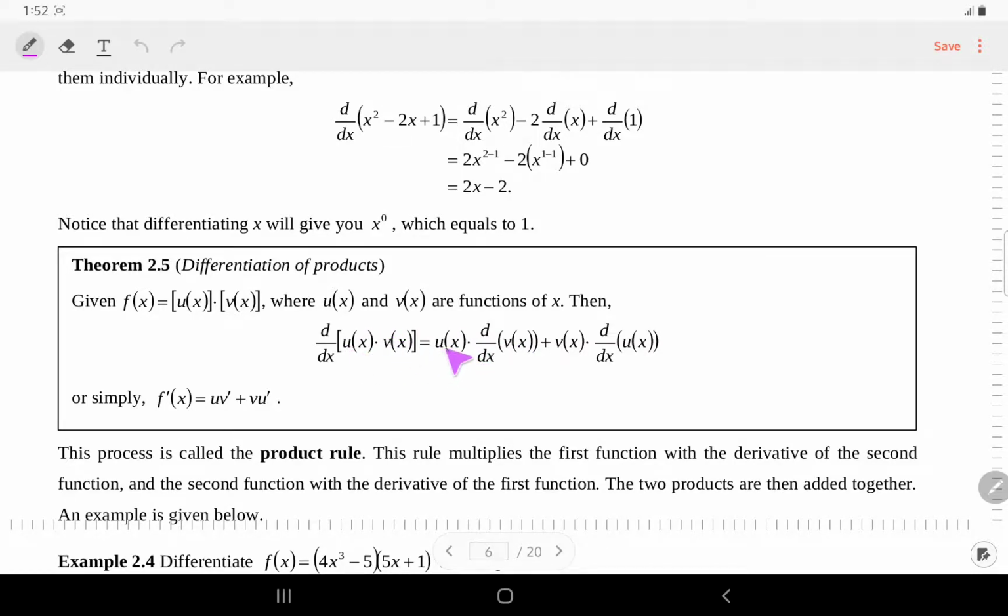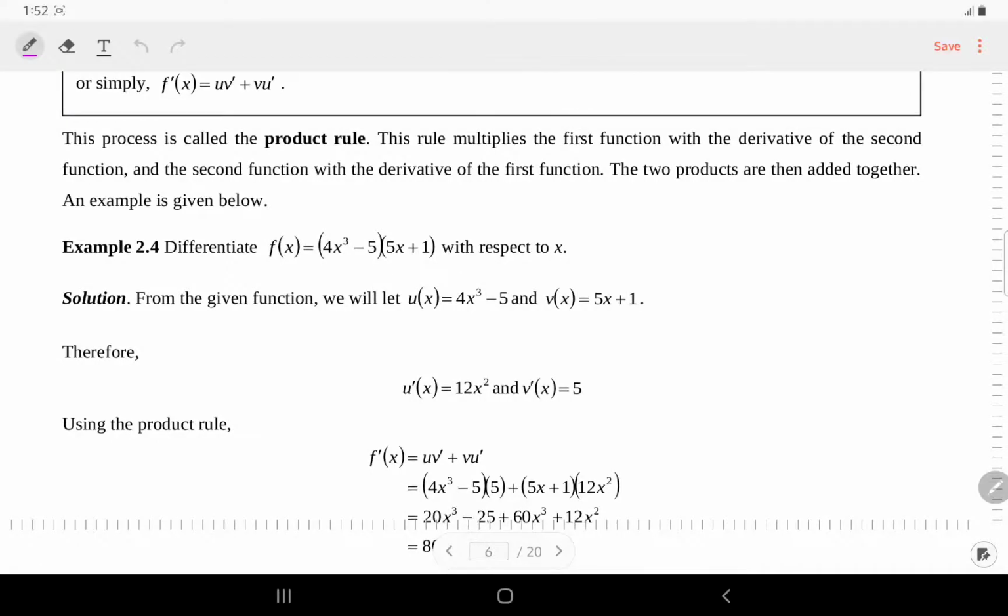It will become u times the differentiation of v, plus v times the differentiation of u. Or simply f prime x equal to u v prime plus v u prime. Okay, this is called the product rule.